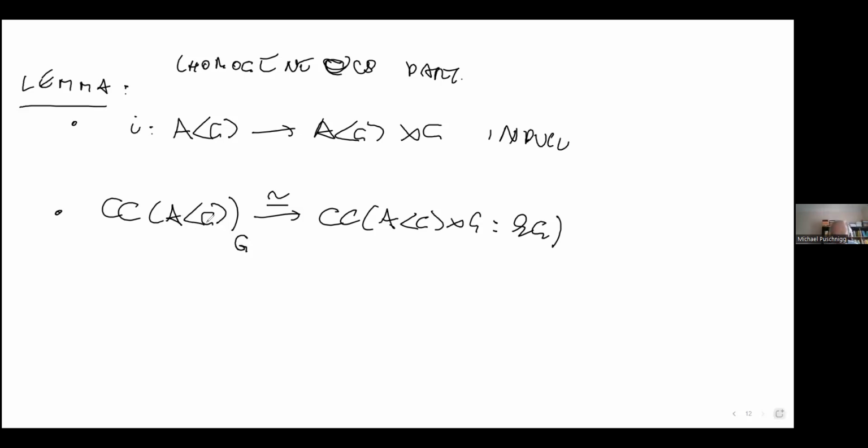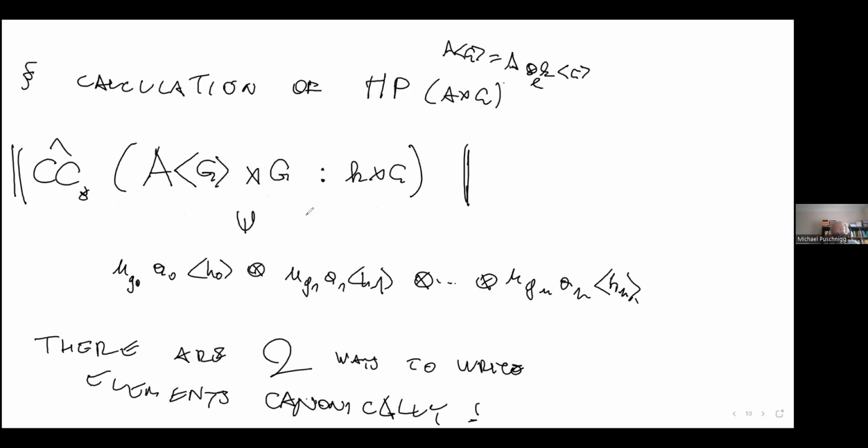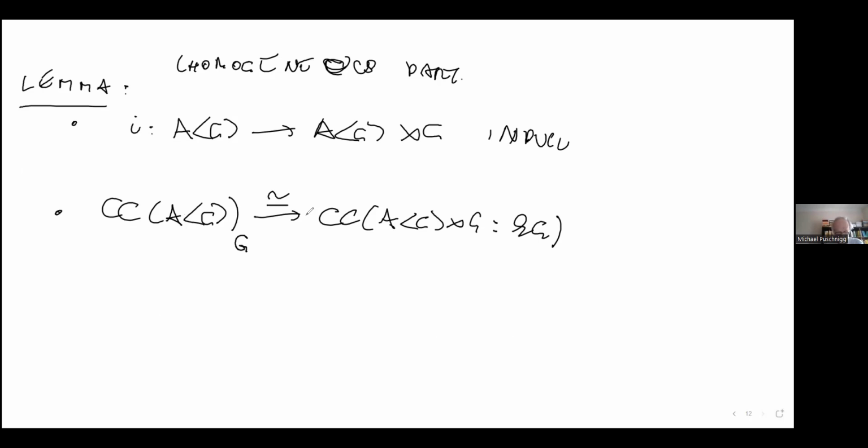And let me explain why it factors through the G co-invariance, and why it is surjective. For this, we need to have a look here. Excuse me, it has to be the homogeneous part here. Okay. So suppose that we have an element here in the homogeneous part.